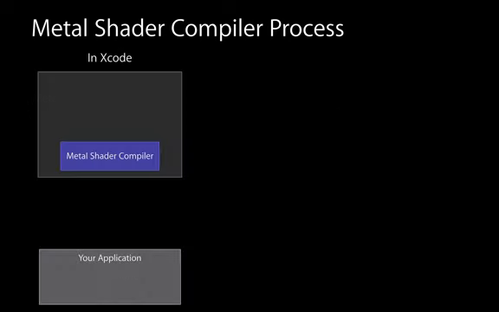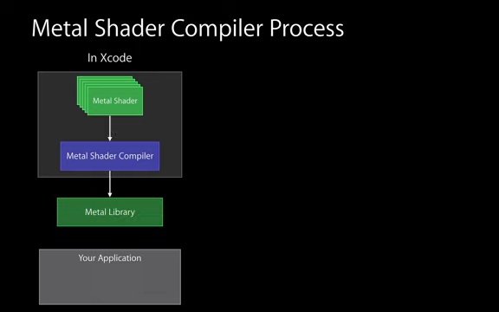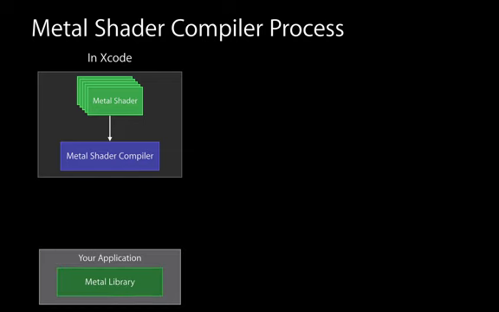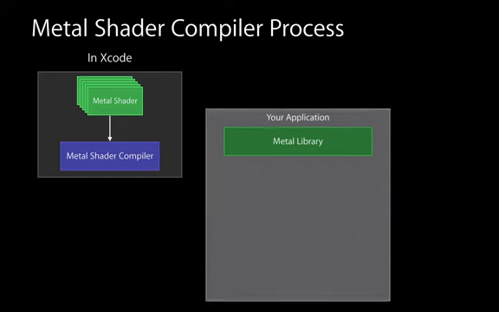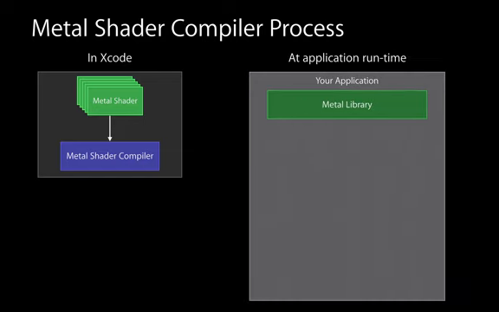So here's an example. You're building your application in Xcode, and you have a series of Metal shader files. And these shader files are passed to the Metal shader compiler, the compiler of the Metal shader sources, at the time you build your application, and a Metal library file is generated. That Metal library file will be packaged with your application, and so then when you deploy your application to a device, that Metal library file goes along for the ride.